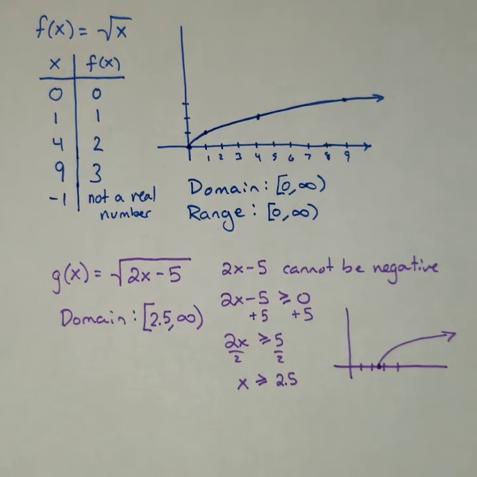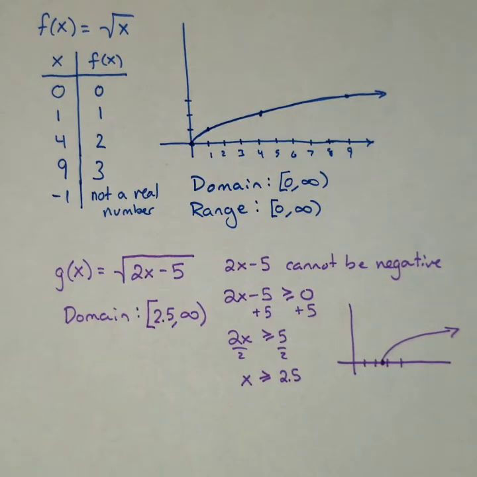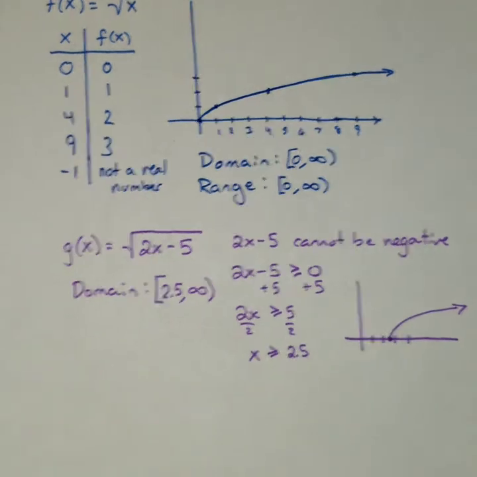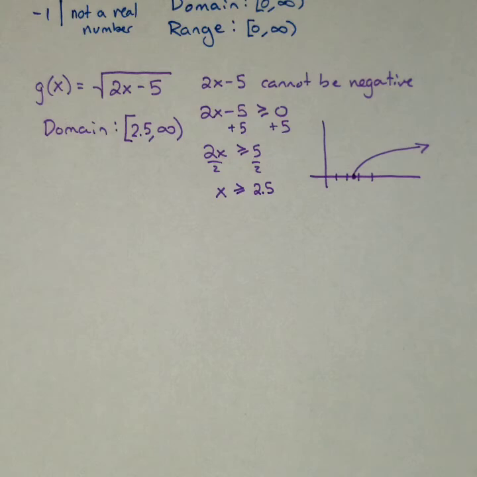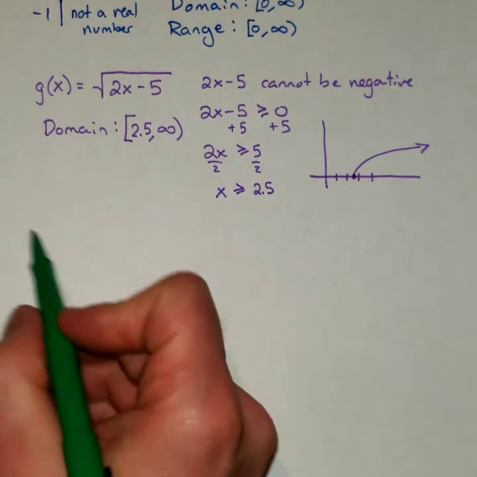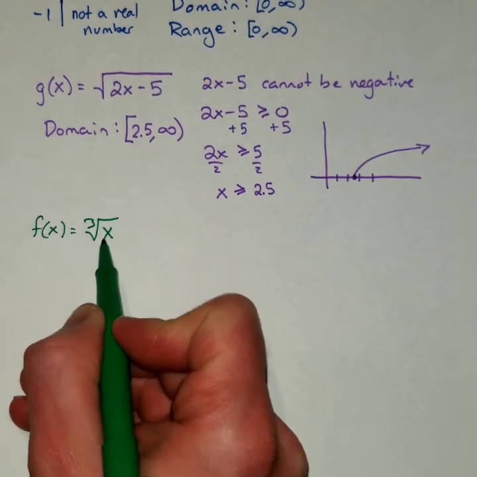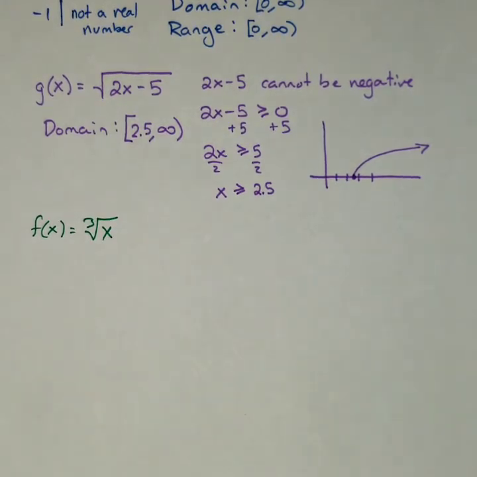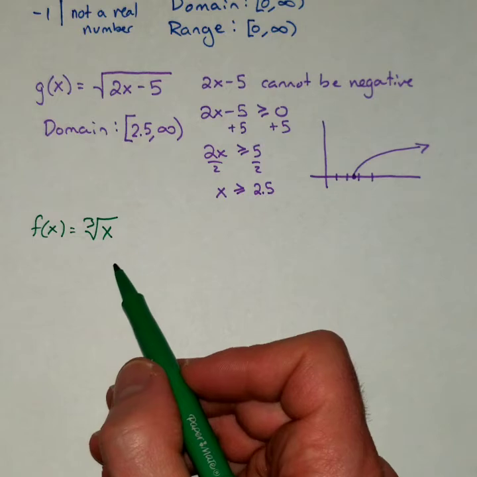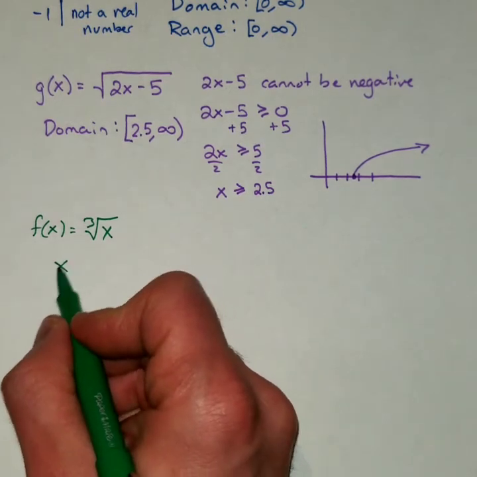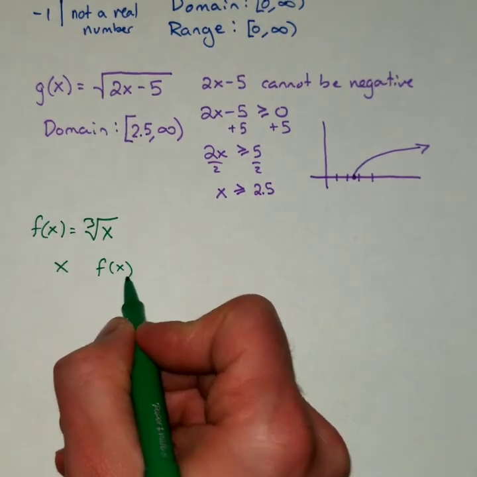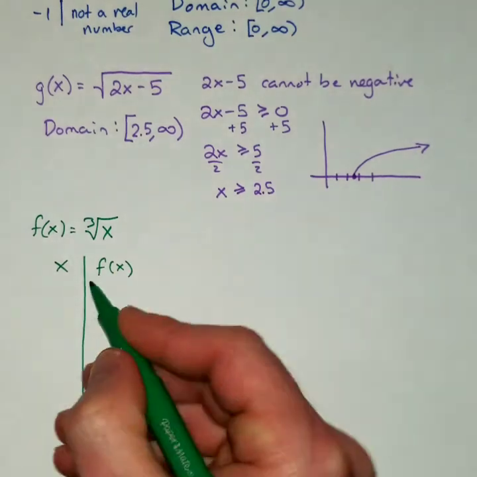All right. Now the last thing is with this, the cube roots. And so cube roots, if I consider a new function, we'll call this one f of x again. Let's say f of x is the cube root of x. Well, with a cube root, you can have both positive and negative inputs to a cube root.